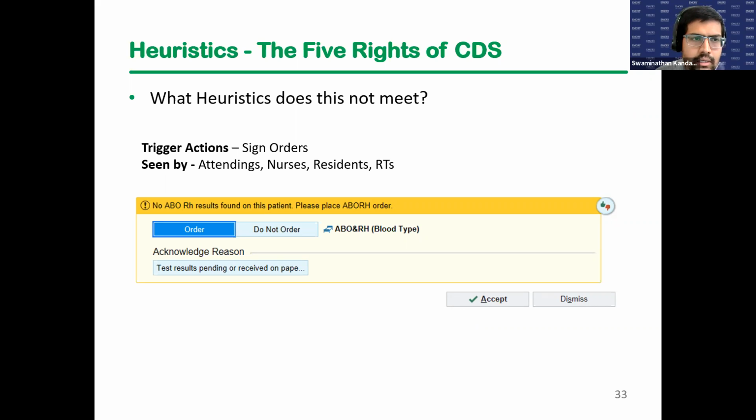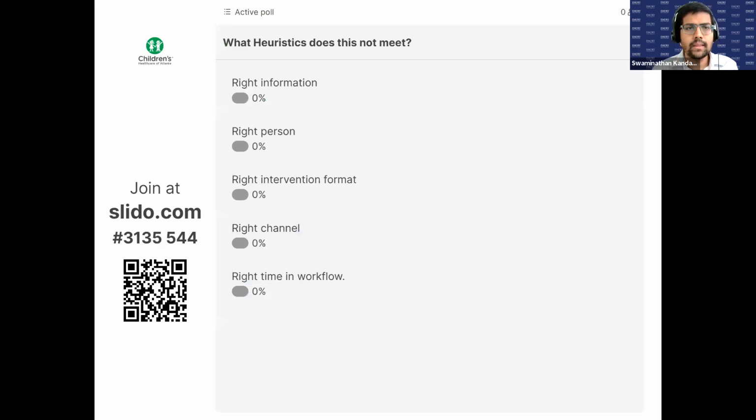It does show here that they don't have results, but it can also be that they have already ordered, or there may be other reasons why it may not be appropriate. So it doesn't provide information about why we want to do certain things.